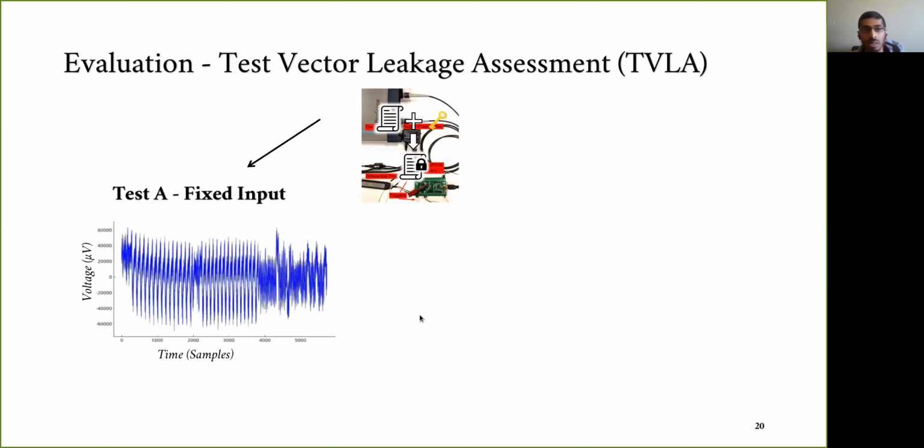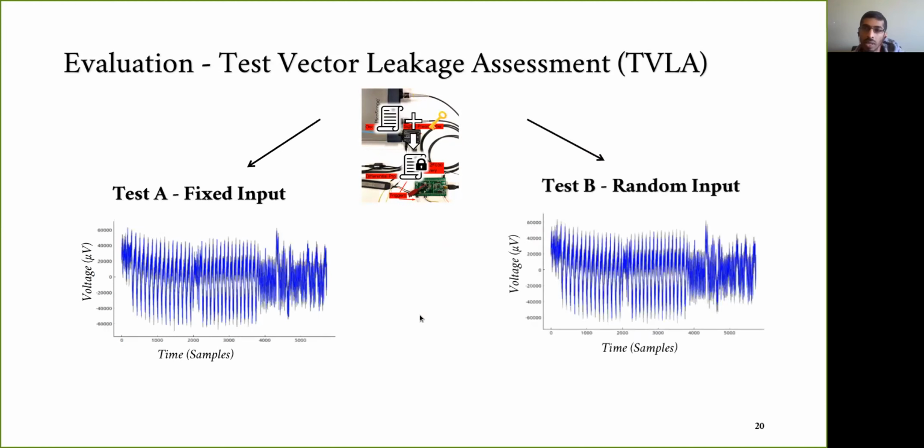One is the trace samples that we take while the device is running a fixed input. The fixed input is we are using the same input to the device and collect traces while it runs the same input. And we again give random inputs, multiple random inputs, the same number as we did in test A, and then collect the traces for the random input.